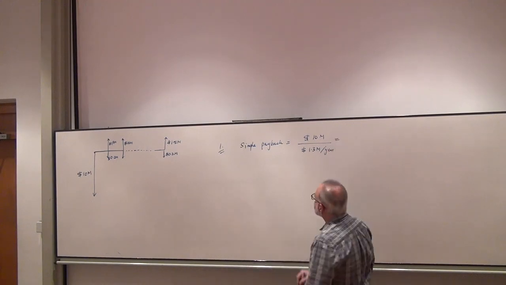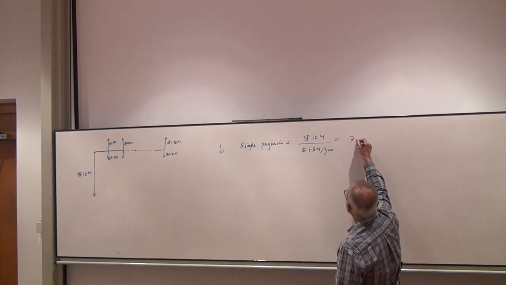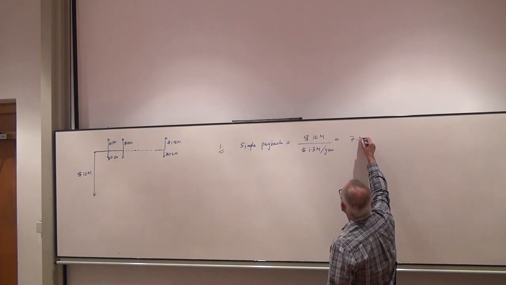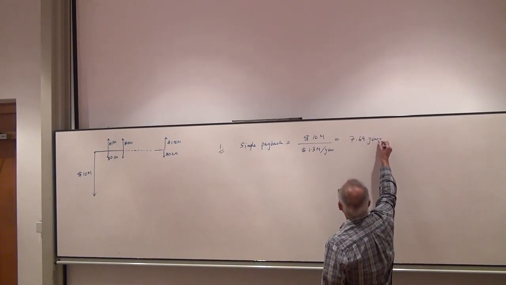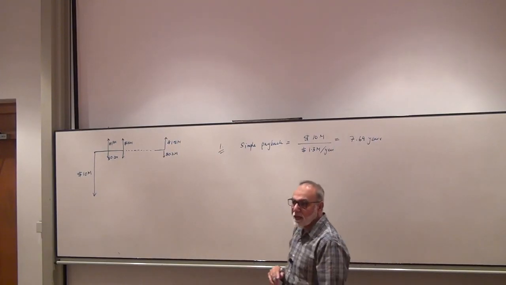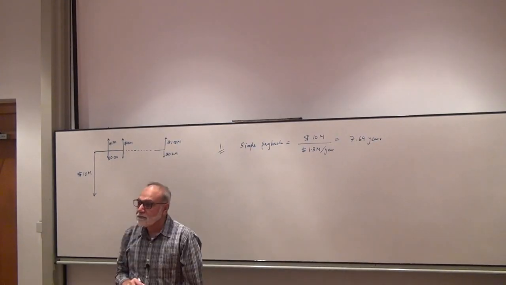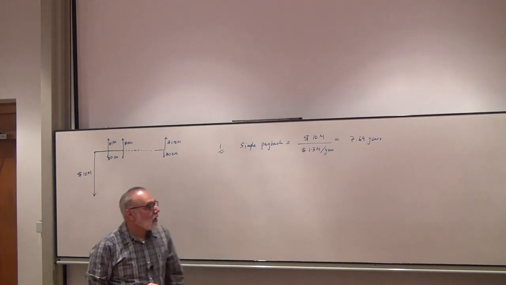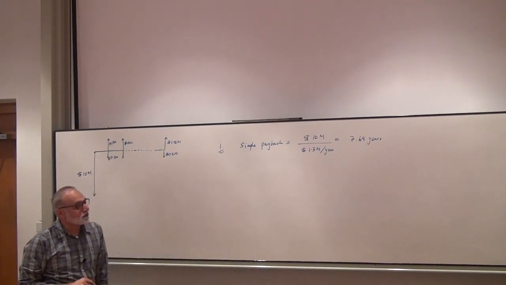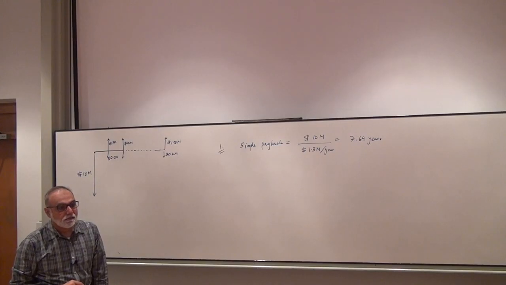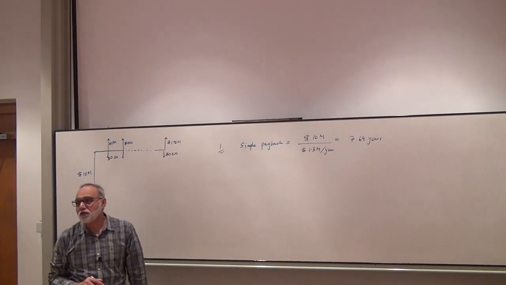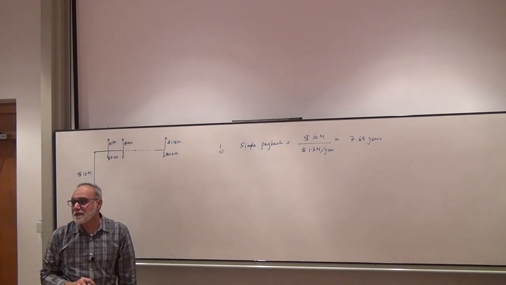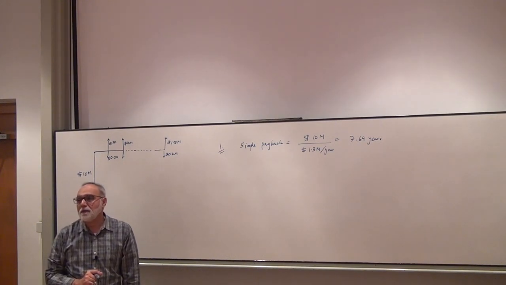So what we get is 7.69 years as our payback period. And no interest is involved, please note. There is no discount rate in this calculation. This is a simple payback period.